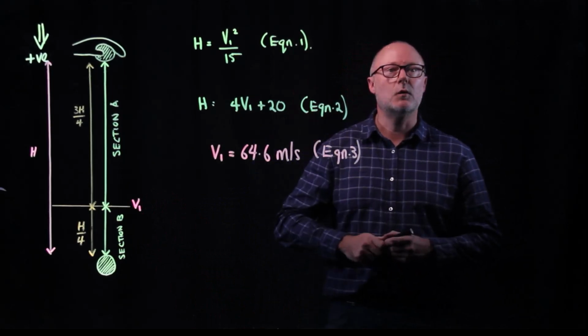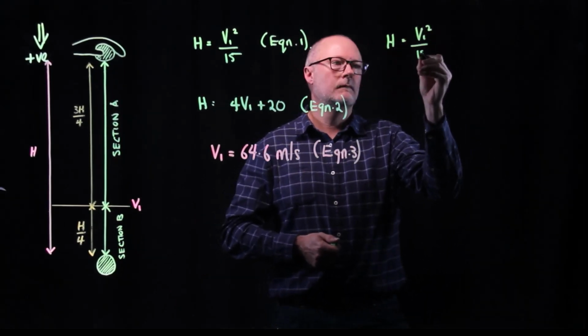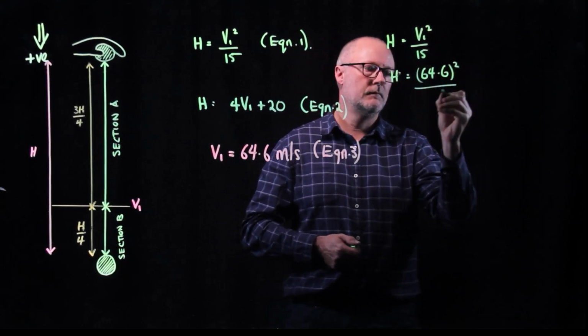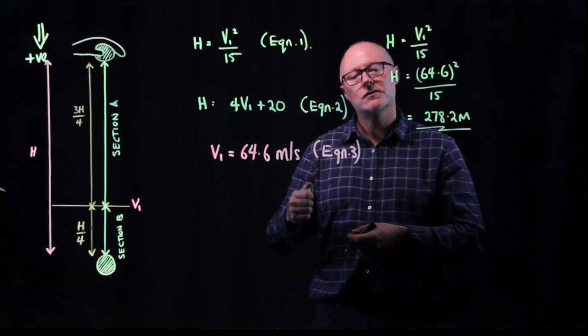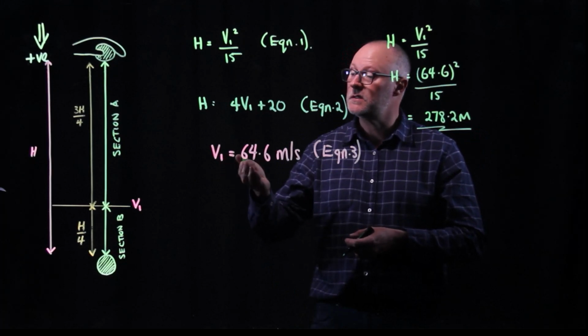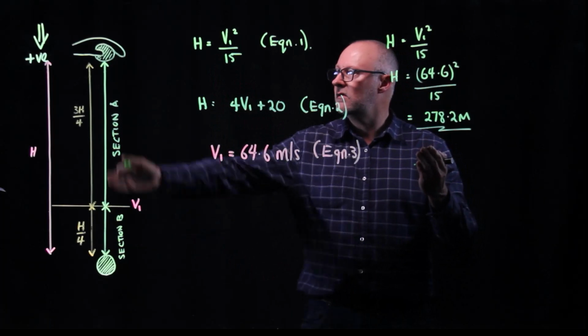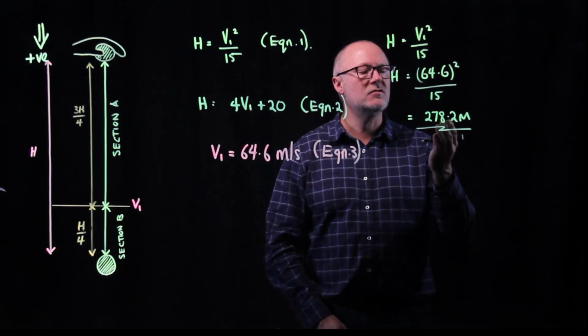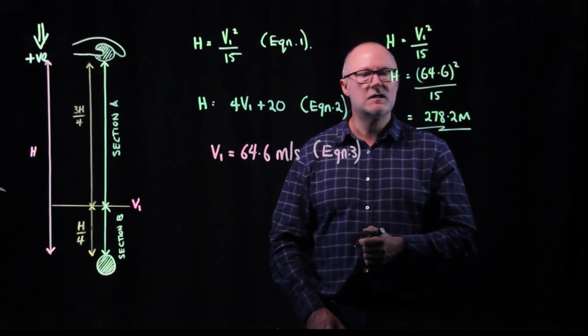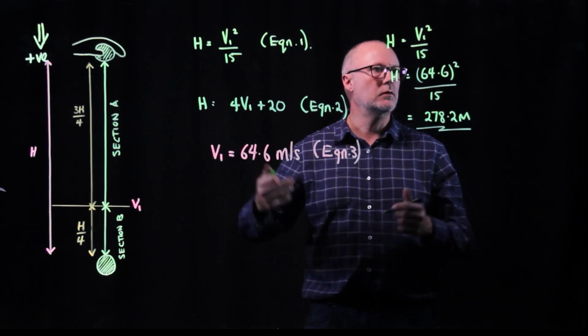First of all, let's consider equation 1. So substituting our value for v1 of 64.6 meters per second into equation 1 gives us a height, h, of 278.2 meters. Let's back that up by considering equation 2.